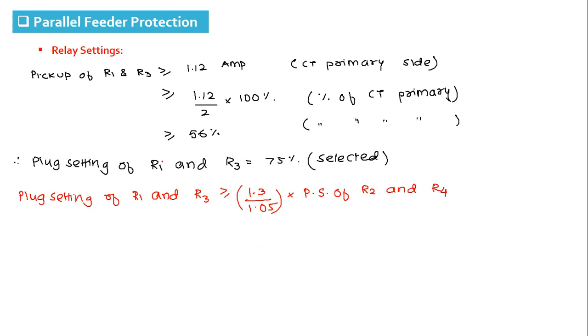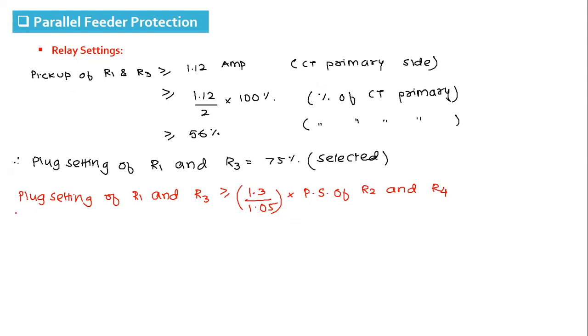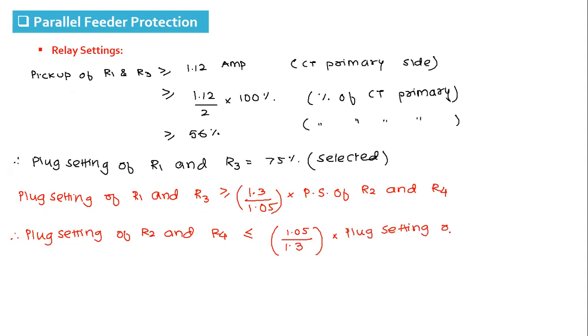But in this case, as the plug setting of R1 and R3 is available from the load, we will find it in a different way. First, we have this plug setting available, and from this we can find the other. Now it will be different because we know the plug setting of R1 and R3.